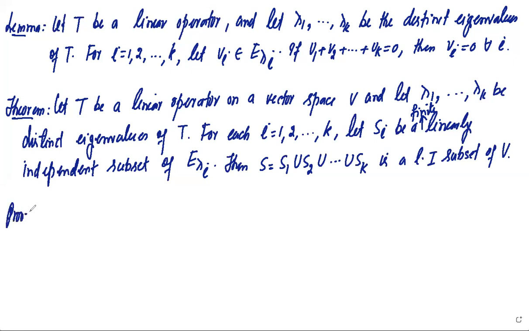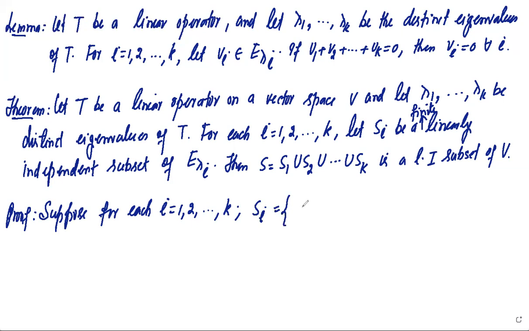Now the proof: suppose for each i from 1 to k, Si is equal to the set consisting of the vectors Vi1, Vi2, so on, Vi ni.